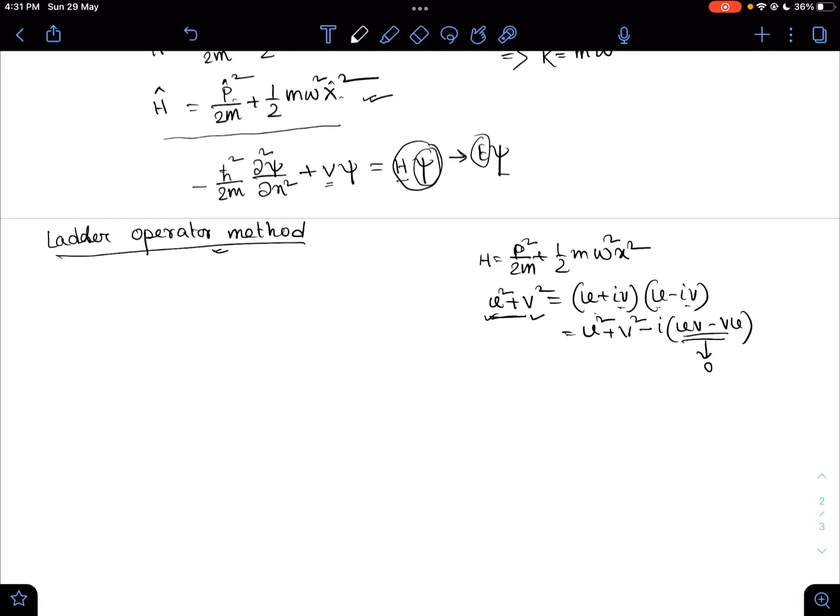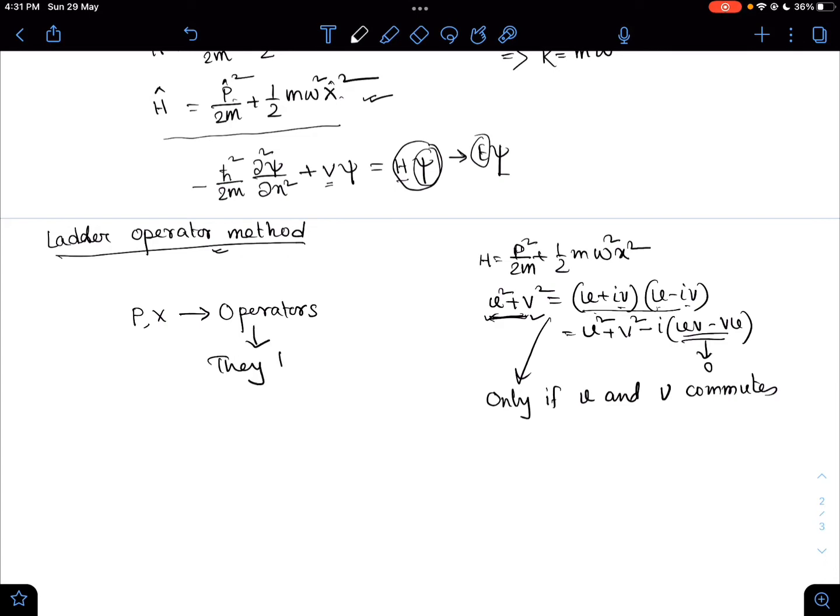So this is equivalent only if u and v commute. That's where the problem comes in the case of a quantum harmonic oscillator. In the quantum harmonic oscillator, p and x are not numbers, they are operators, and operators do not commute in general.